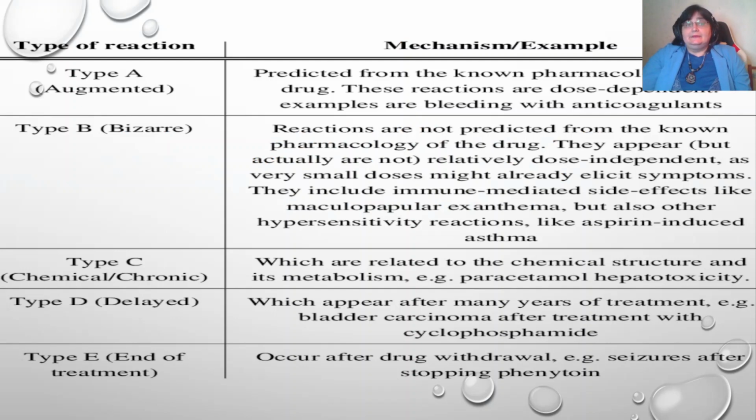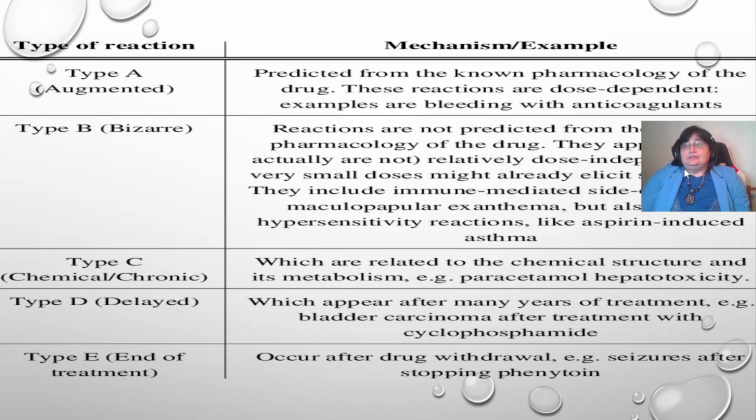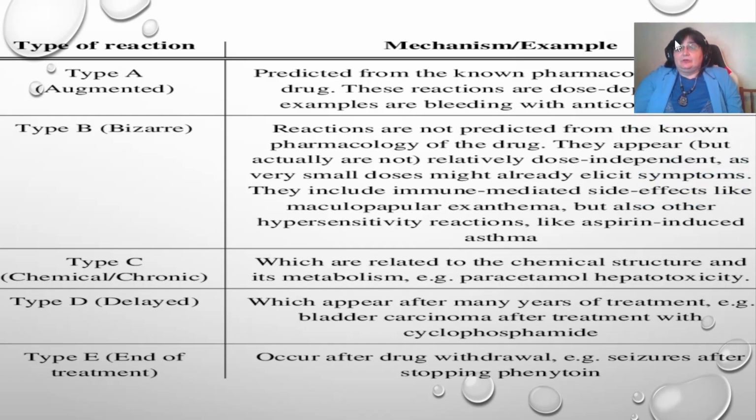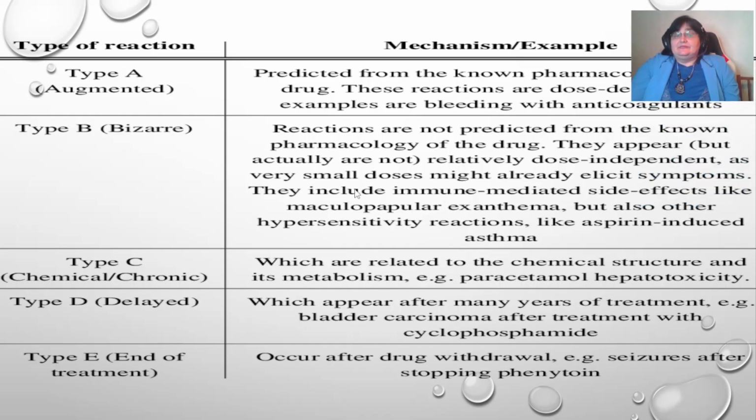Type A reaction, as a mechanism, is predicted from the known pharmacology of the drug. These reactions are dose dependent. Examples can be bleeding with anticoagulants. Type B, bizarre reactions, are not predicted from the known pharmacology of the drug.